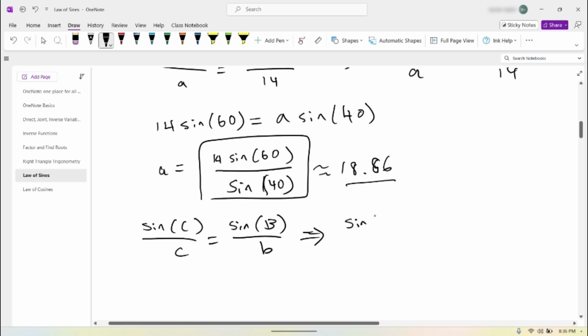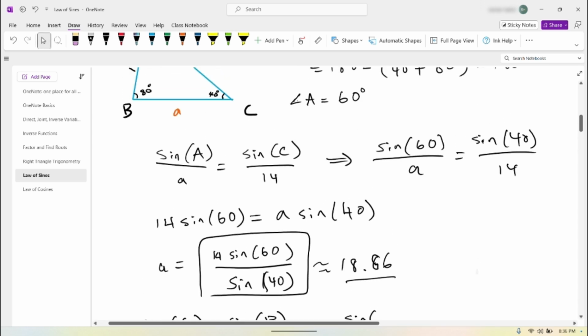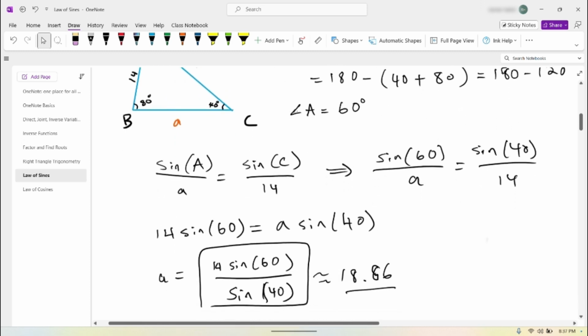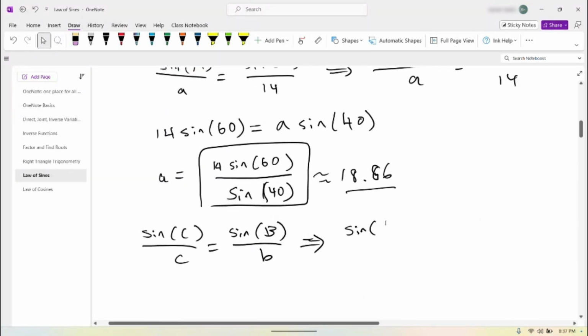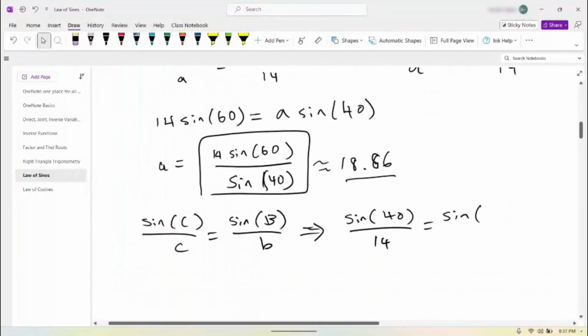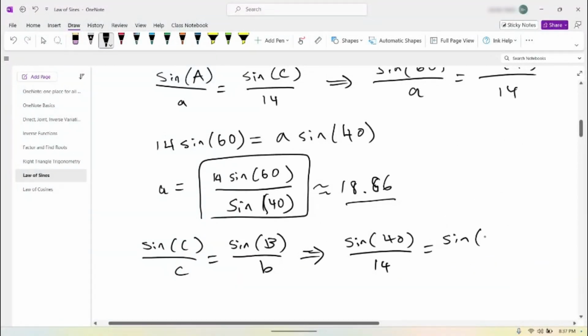Let's go back up and see what that angle is at C. It's 40 degrees. So sine of 40, and its side is 14, equals sine of B, and B is 80 degrees. So sine of 80 over b.